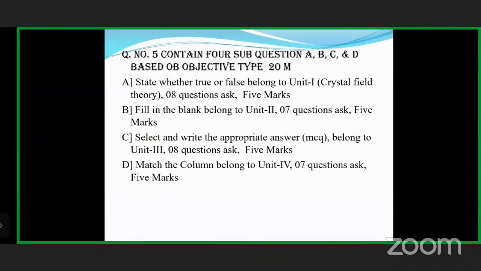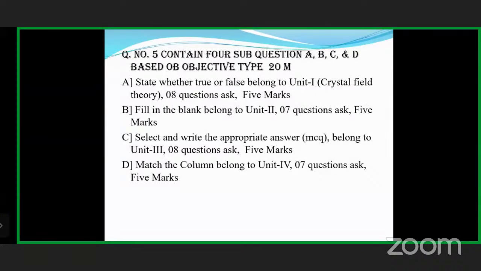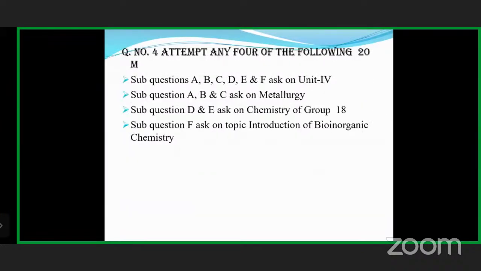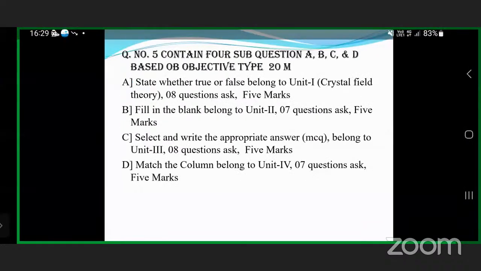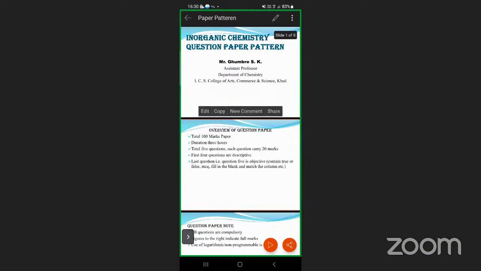So this is the overview of the question paper pattern.